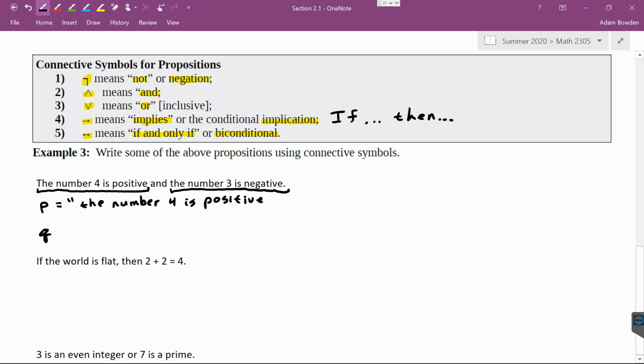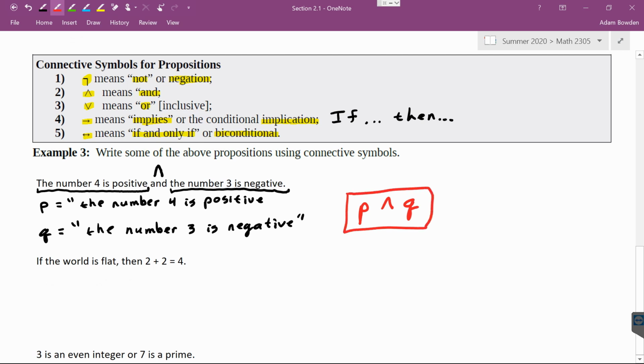And I'm going to let the letter Q stand in for the part that says the number 3 is negative. And then I'm going to use my connective symbol for AND from up above to put together these two things. So this would go together in logical connective form as P and Q, with the P and the Q standing in for those parts of the proposition.